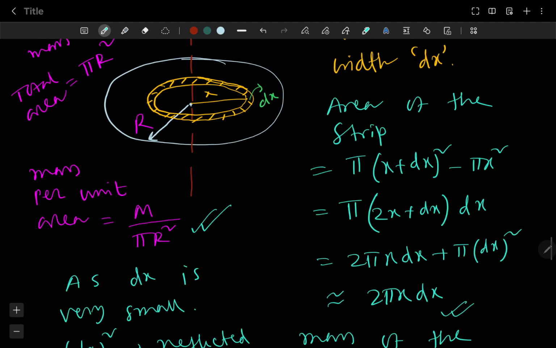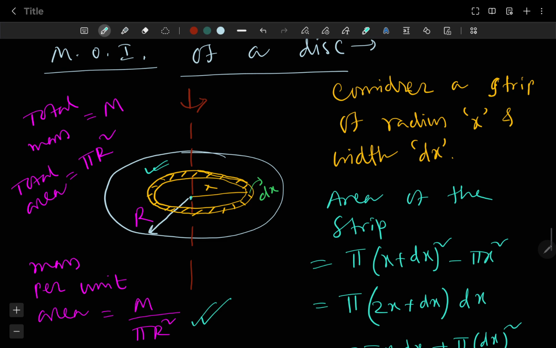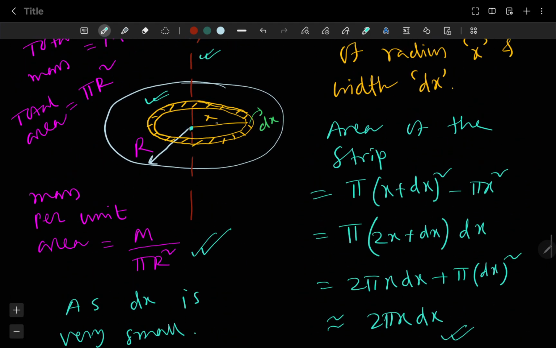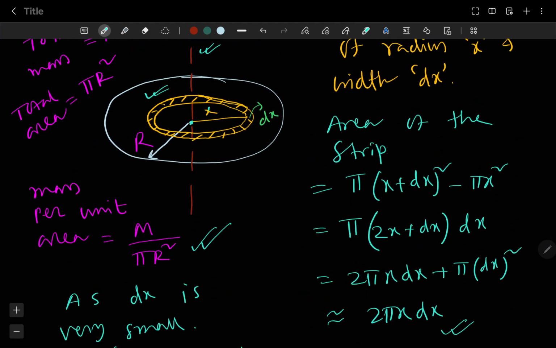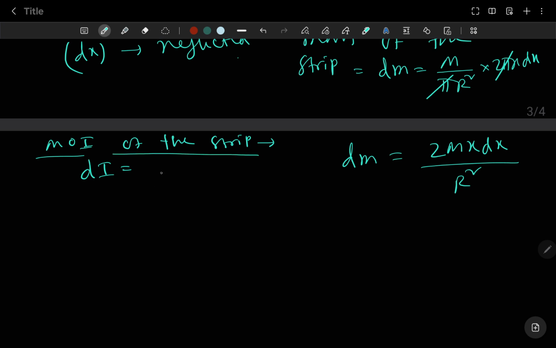Okay, now this strip can be considered as a ring, you can visualize. So you know the moment of inertia of this ring about this axis, this is mr square, and the radius of this ring is x. Okay, so dI, the moment of inertia of the strip, is dm into x square.